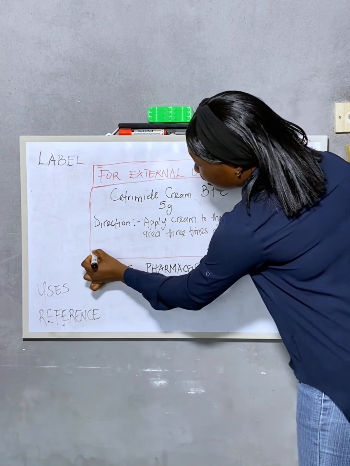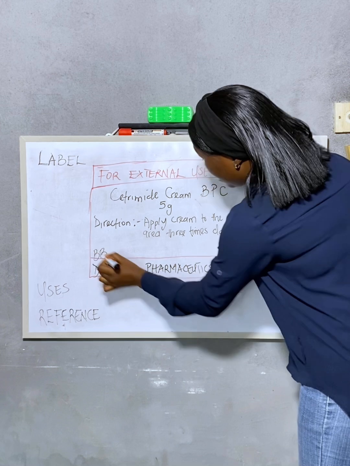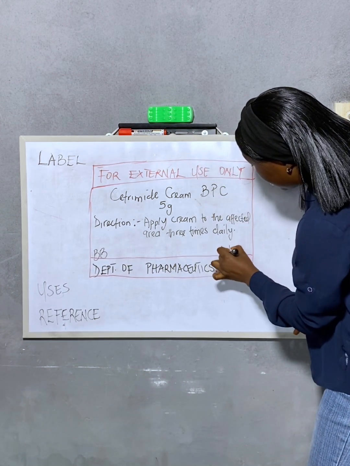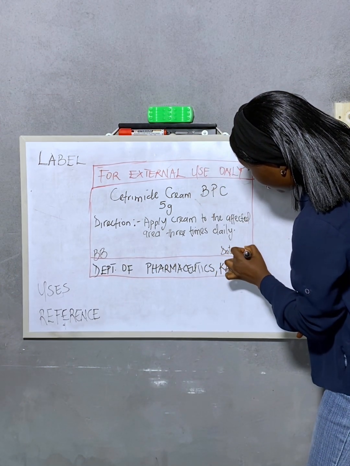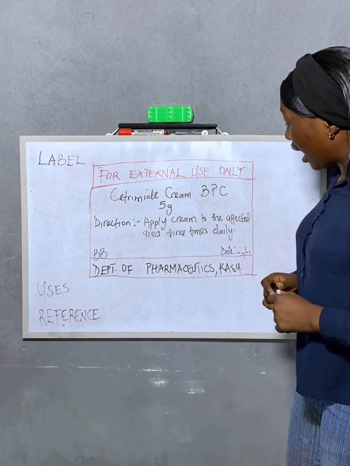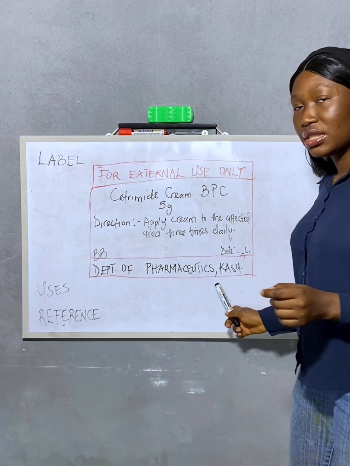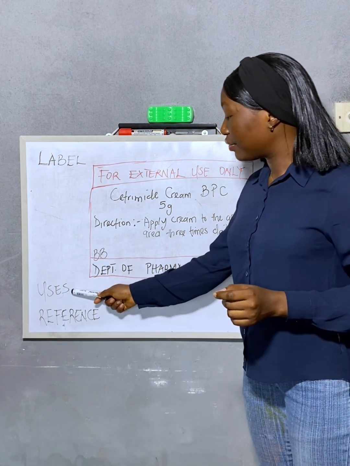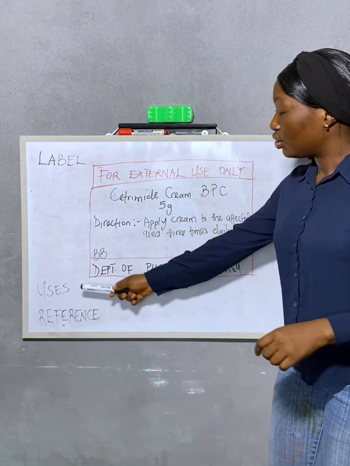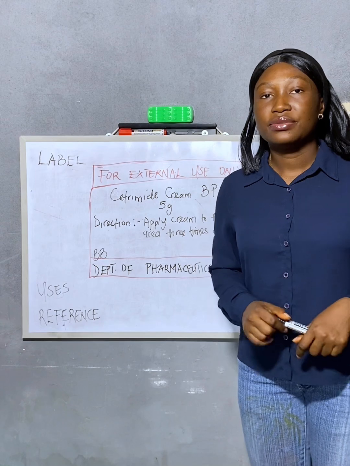You have the patient's name here and then the date. Whatever it is should come here. After that, you have Department of Pharmaceutics, CASU. You also have your uses and references. Your uses and references can be obtained from the BPC.